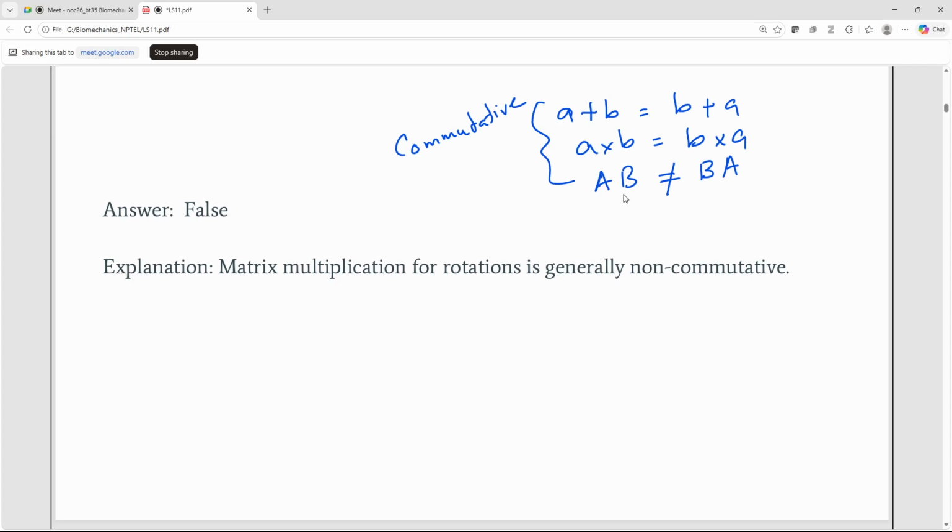That's why matrix multiplications are not commutative. Hence, rotation matrices are also non-commutative.